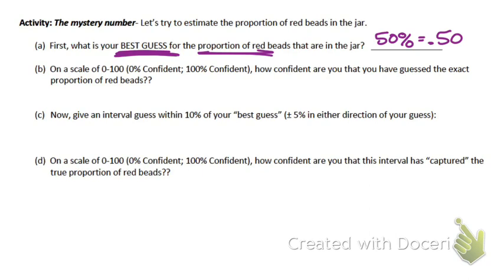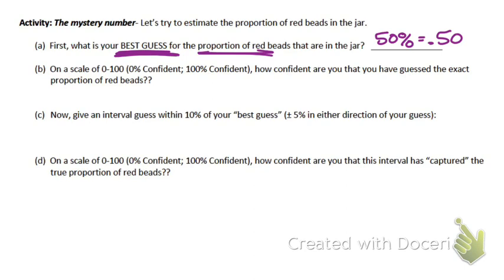Now, realistically speaking, how confident are you that you have just guessed the exact proportion of red beads that are in this jar? Write down how confident you are in your guess that you have just guessed the exact value proportion in this jar.